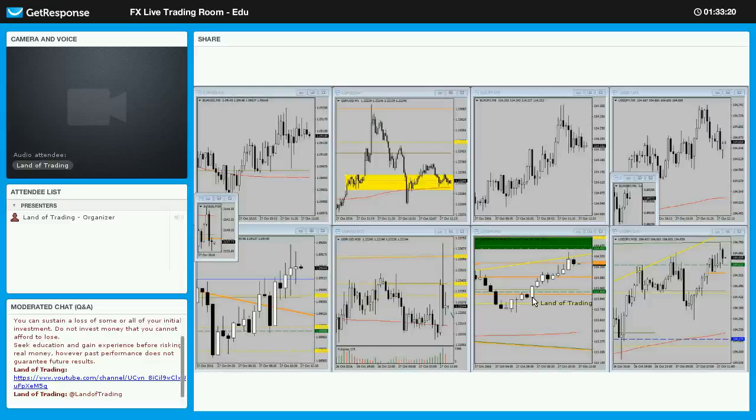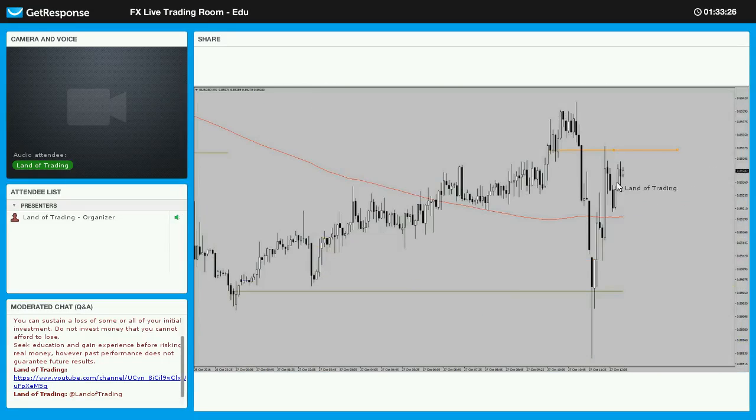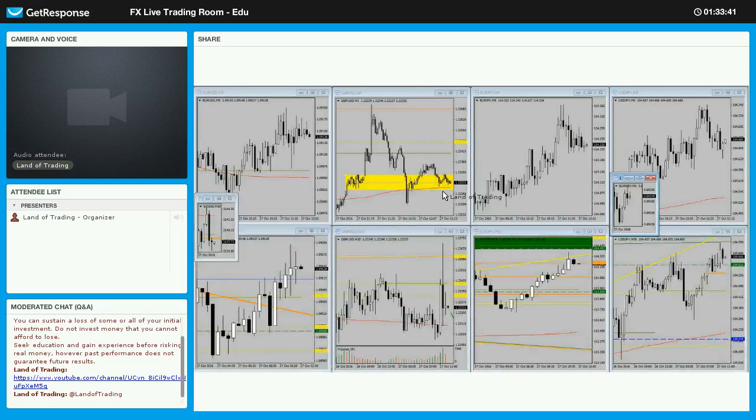Okay, so holding short euro pound with stop at 47. Holding short from current 27, so 20 pips stop.